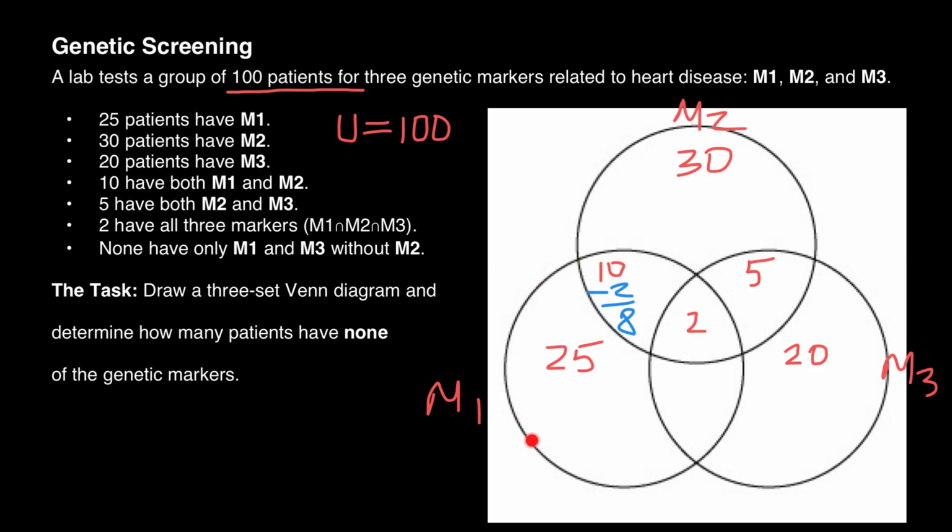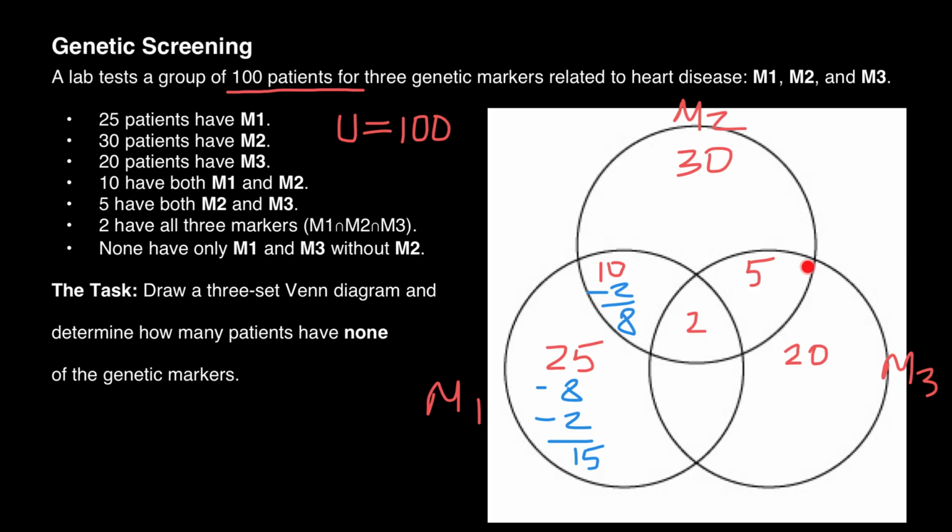Now we can say how many people would exclusively belong to this section. It is 25 minus 8, minus 2, and in the third intersection here, we don't have any number. So 25 minus 10 is going to be 15. Again, this number 15 would represent this section.